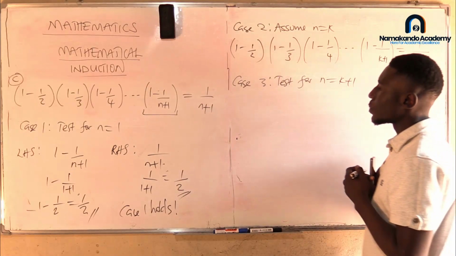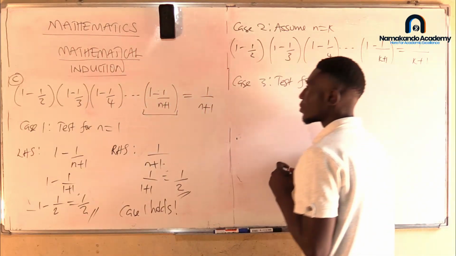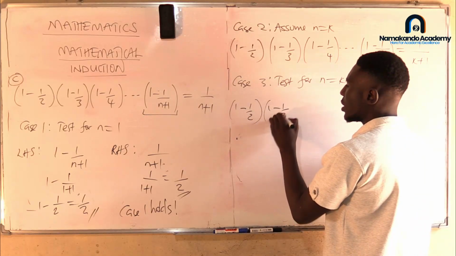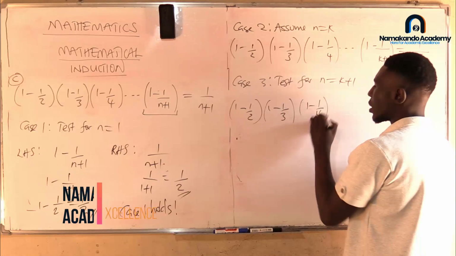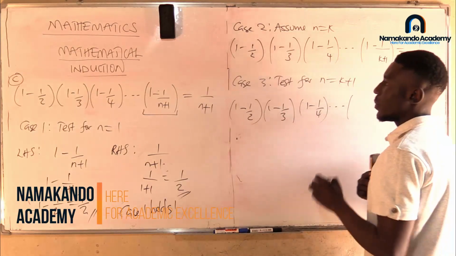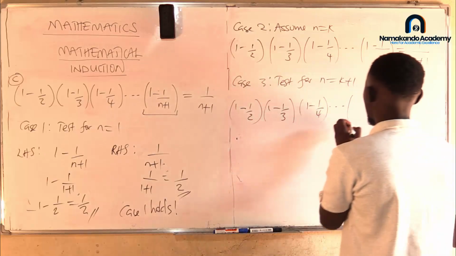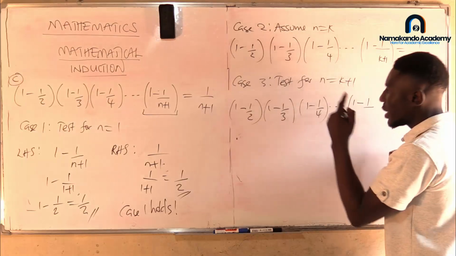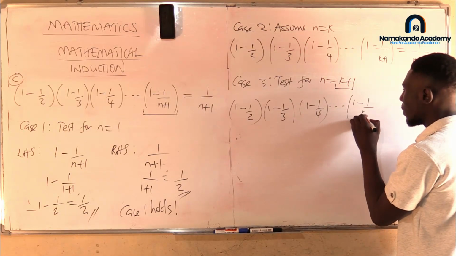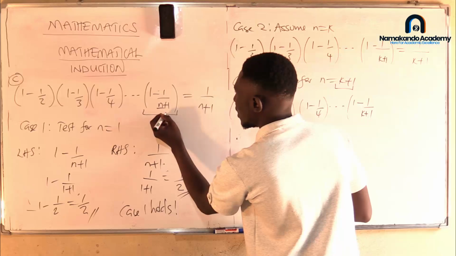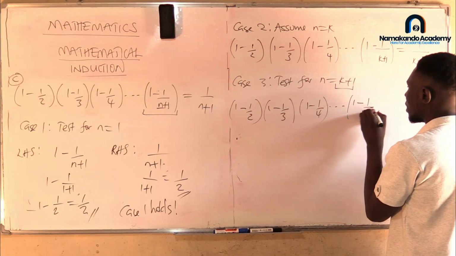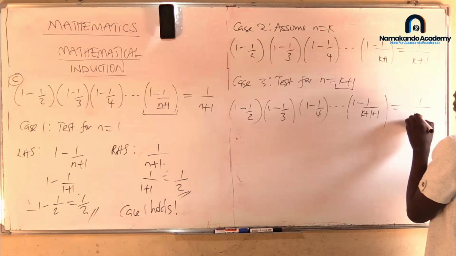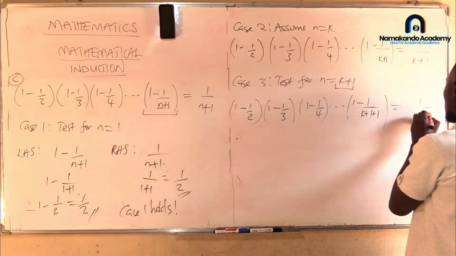So we write our expression, which is 1 minus half, 1 minus 1/3 times 1 minus 1/4, multiplied by 1 minus 1 over, here there's n plus 1, since n is equal to k plus 1, replace with k plus 1, then we add the 1 there, then everything equals 1 over, since we have n, you replace with k plus 1, then not forgetting that we're adding a 1.